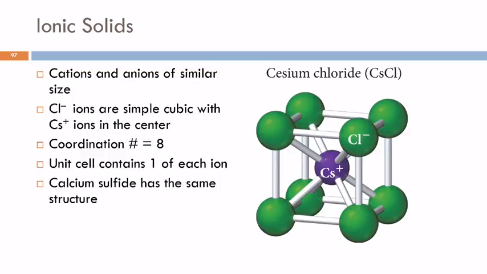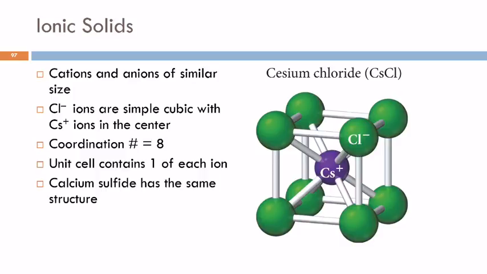If we have cations and anions of similar size, they're likely to arrange themselves in this way. Cesium chloride makes a simple cubic cell where the chloride ions are in the corners and the cesium atom is in the middle. That's a coordination number of 8.